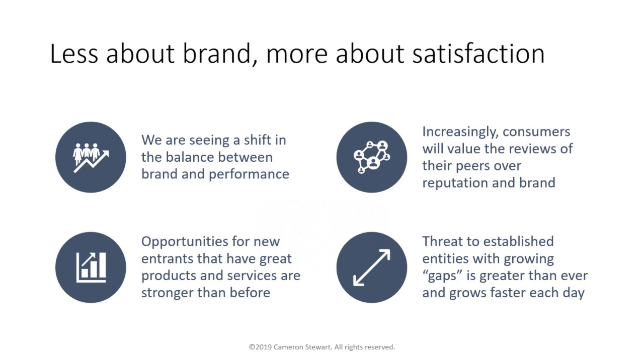So we're seeing a shift in the balance between brand and performance, and actually the consumers today rely more on reviews by their peers and perhaps by influencers more than they rely on the name of the brand.